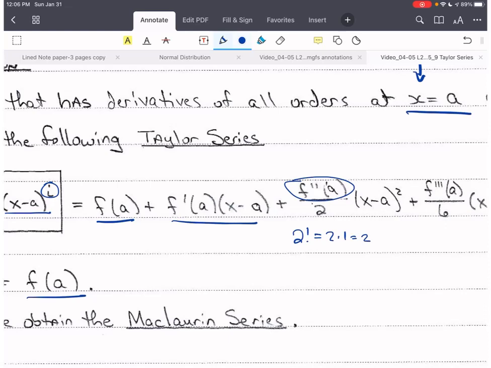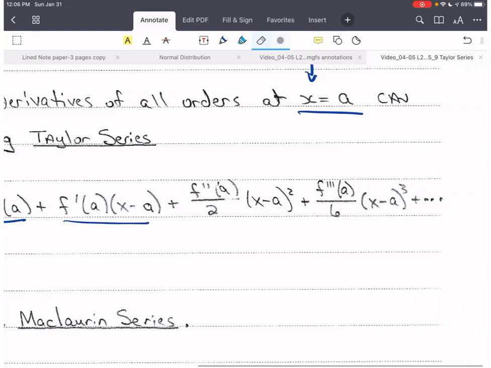I've just put that there. You could put 2 factorial if you like. That's just fine. People do that, and that's acceptable as well, as long as you're consistent. I like to put the actual numbers I'm dividing by until they get too big. If I'm going to go that large, then I will use factorials if there's going to be big numbers that I don't want to write out.